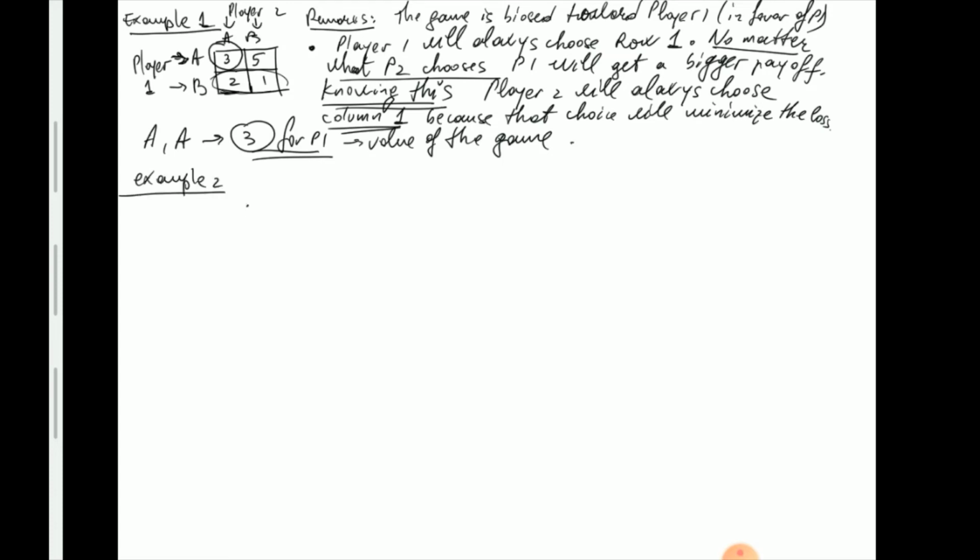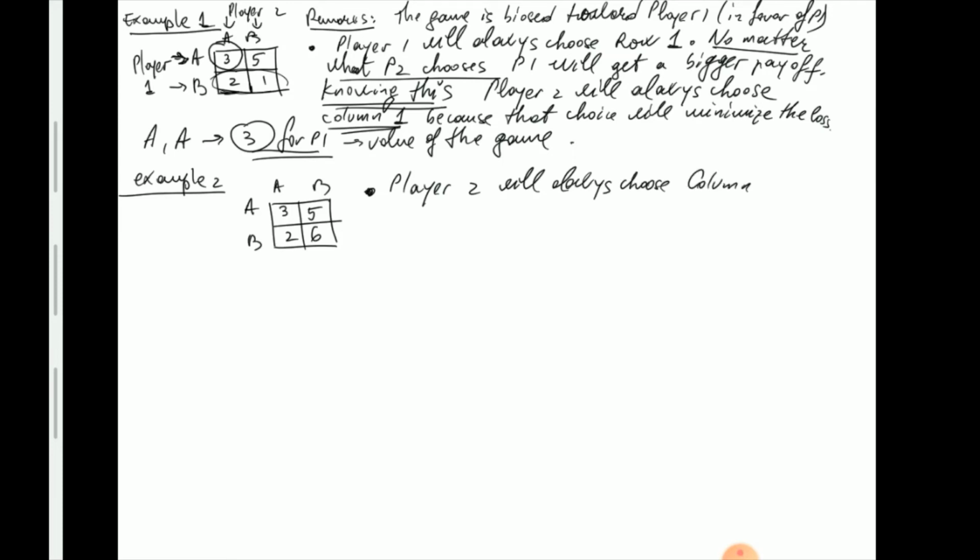So once again, we have A, B over here. And let's write down the payoffs slightly different: 3, 5, 2, and 6. If you look carefully here, the decision is pretty obvious for player 2. So basically the analysis of the game starts by noticing that player 2 will always choose column 2.